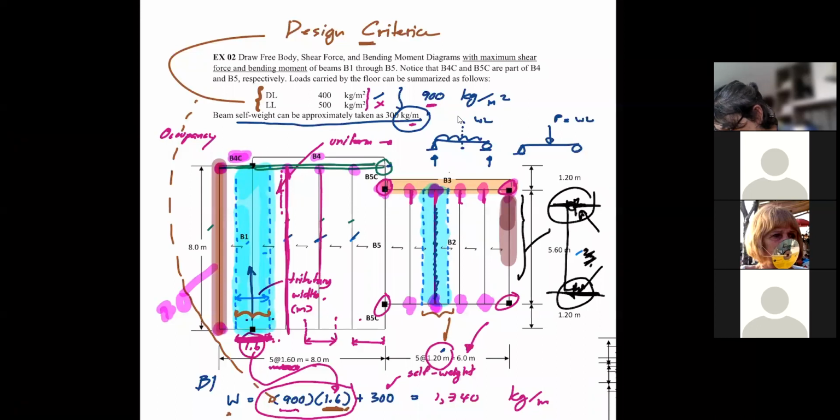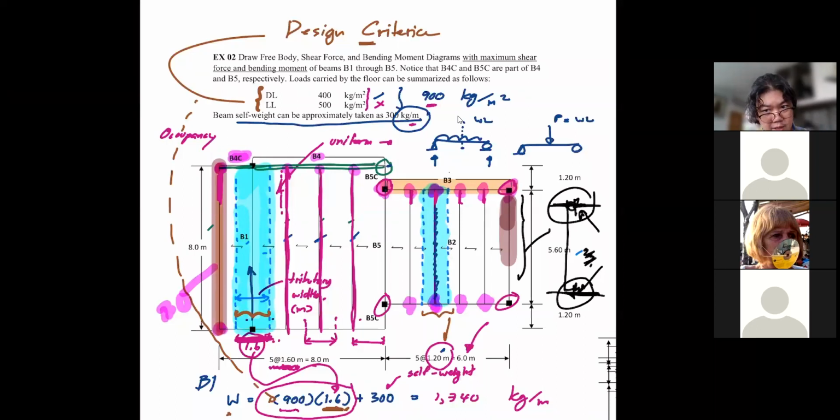This one will have to be supported by B4. And then this one will have to be supported by B4 as well. And also this one. So when you find the two supports for all these B1s and then B0, you know that your B4 will have to carry these beams and its own self-weight. So now you can come back and take care of B4.